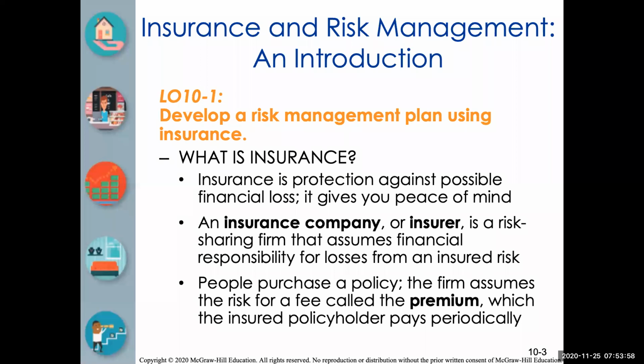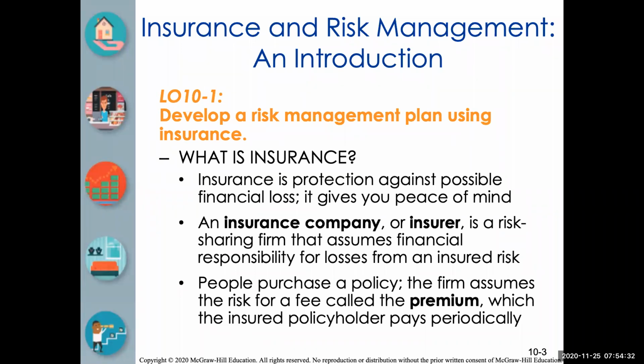So what is insurance to begin with? Well, at the 50,000 foot level, insurance is nothing more than the protection against a possible financial loss. It's very important there: possible financial loss. And it offers you a certain peace of mind. So you have the insurance company, or the insurer, the person who is providing the policy.